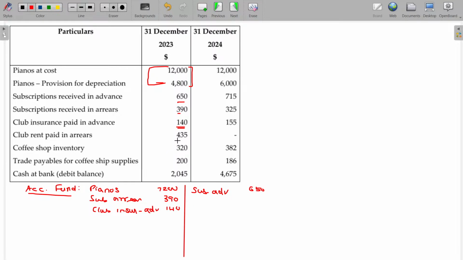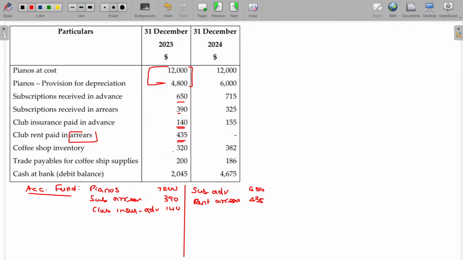Club rent paid in arrears: as this will be an arrear, expenses in arrears being an outstanding liability, rent arrears, this value being 435.